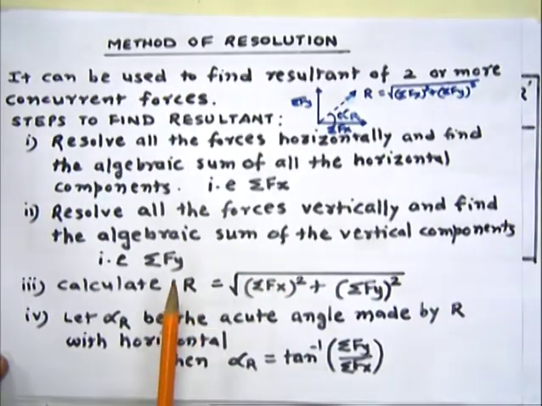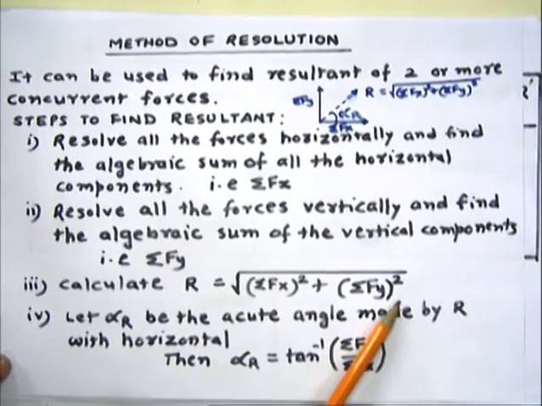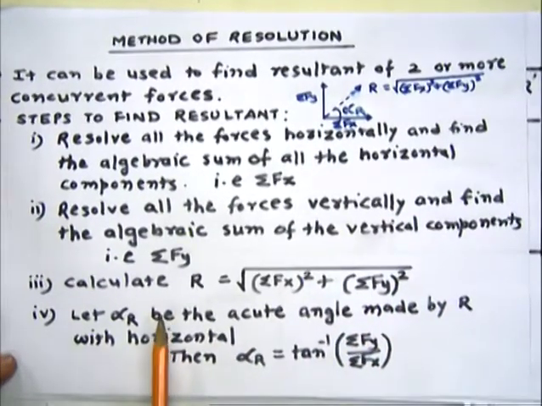Then using this formula we can calculate the resultant force R, which is equal to root of sigma Fx square plus sigma Fy square. Whenever you are asked to find the resultant force, it means not only the magnitude of that resultant, but you also need to find its direction, that is the angle.